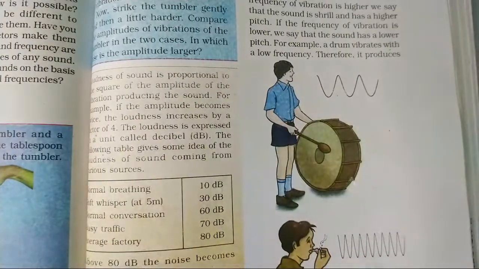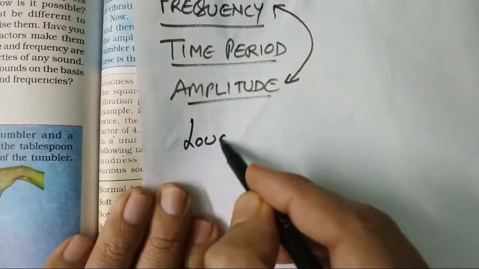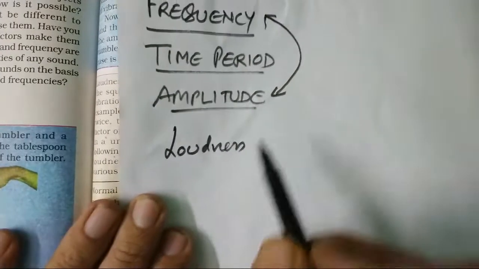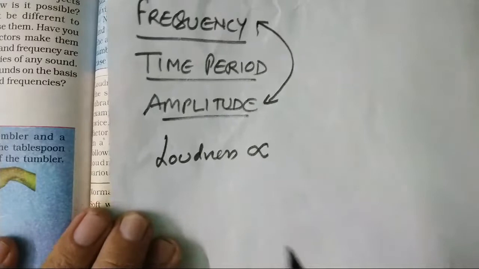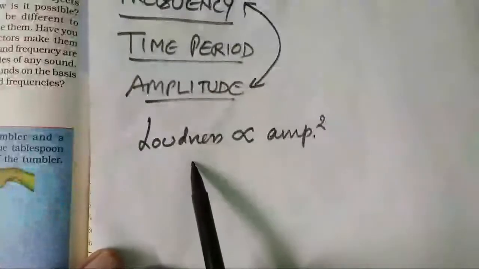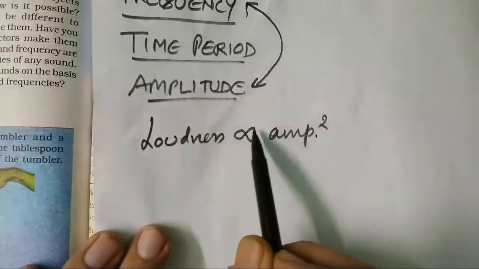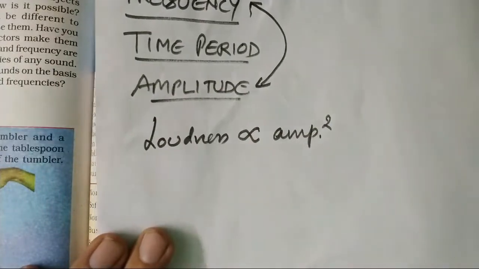And if I say this is a formula, when you say loudness, we use the sign of proportional. The loudness of sound is proportional to amplitude square.